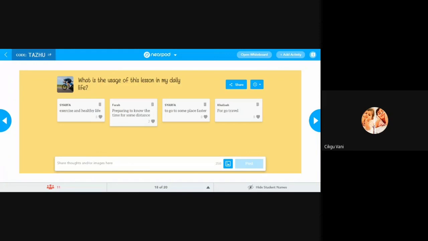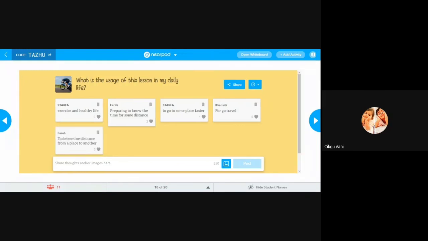Kalisa. Good job. Who else? Please add. What is the usage? Farah has already added another sticky note. Akila. Okay, good. Najmina. Yes. Who else?